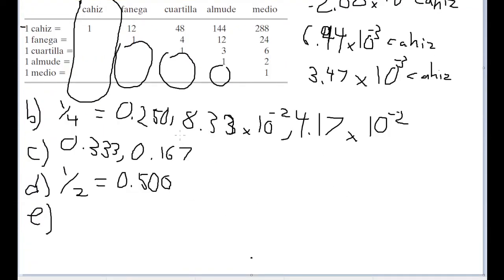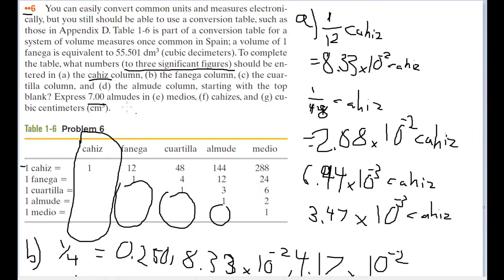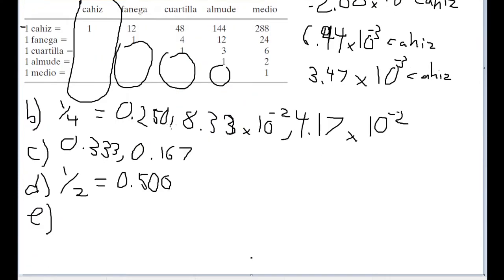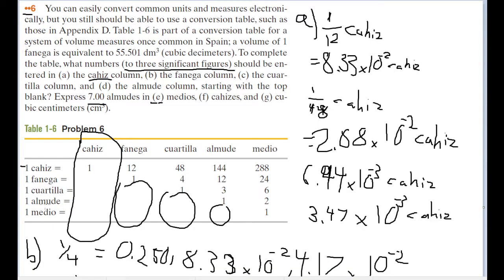So this problem becomes much easier now that we have our table filled out. But for letter E, for the first little step here, it's not going to have that much of an effect, because we're converting almudes into medios, and actually the table already gives us our little value here. So 1 almude is equal to 2 medios, so the number of medios is double the number of almudes, in other words.